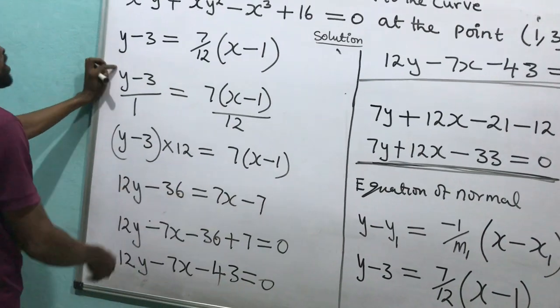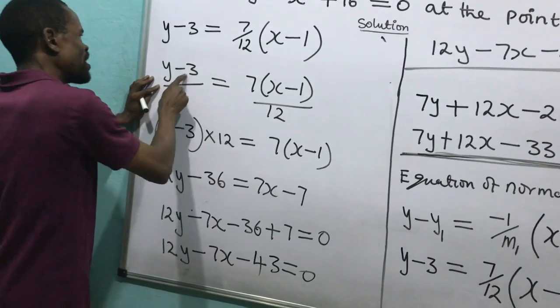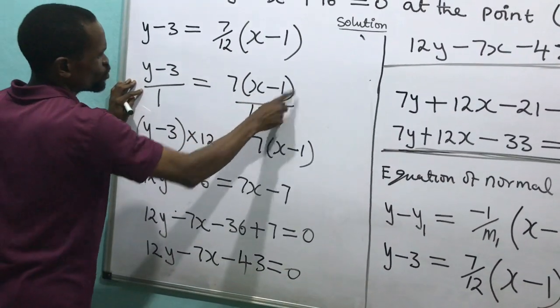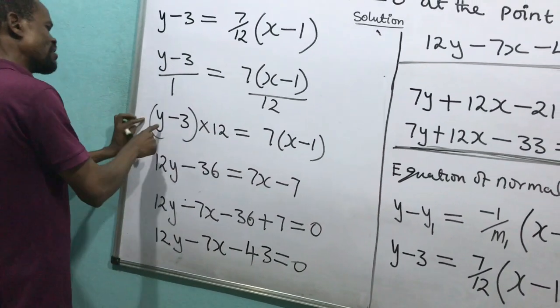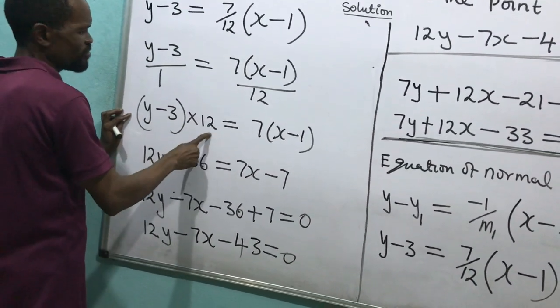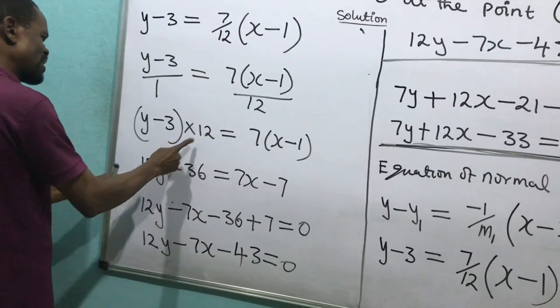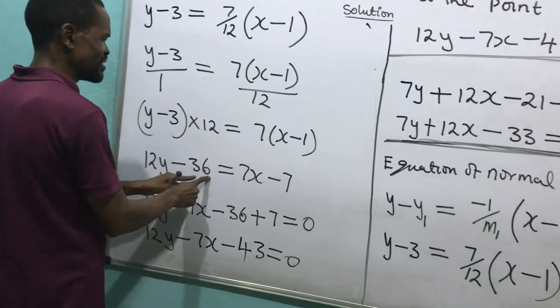This y minus 3 is the same as y minus 3 over 1 equals 7 into x minus 1 all over 12. Cross multiplication: I have y minus 3 times 12 equals 7 into x minus 1. Then opening the bracket, this times this will give me 12y, and this times this will give me minus 36.